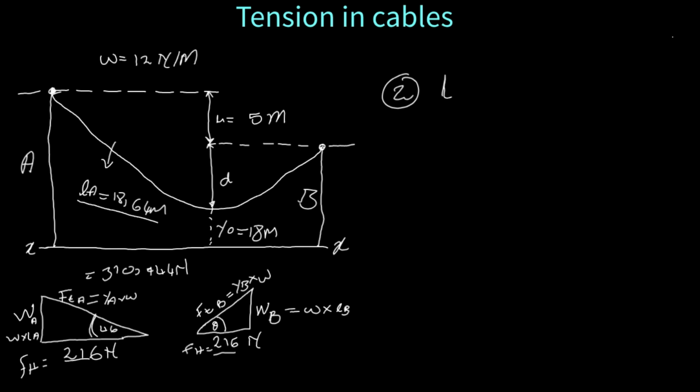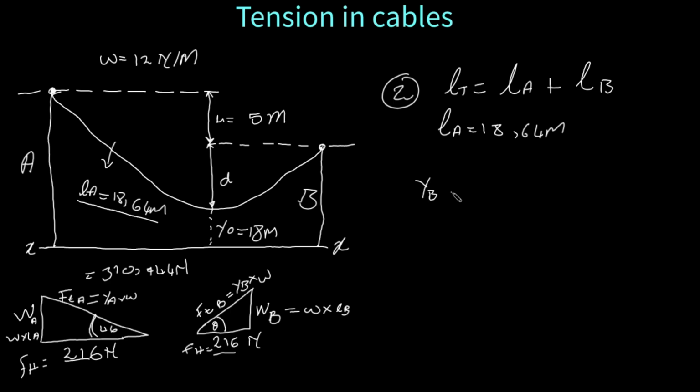The length of the cable is equals to the length of the cable from turning point to A plus the length of the cable from turning point to B. The length of the cable from turning point to A, we already got that it is 18.64 meters. And now from turning point to B, we can use this formula again.